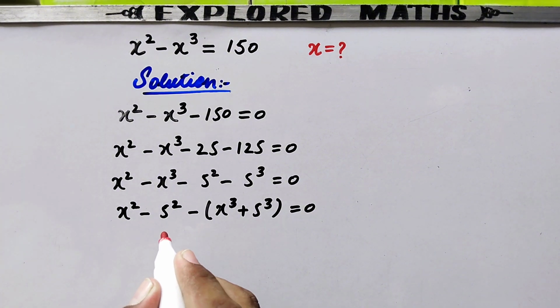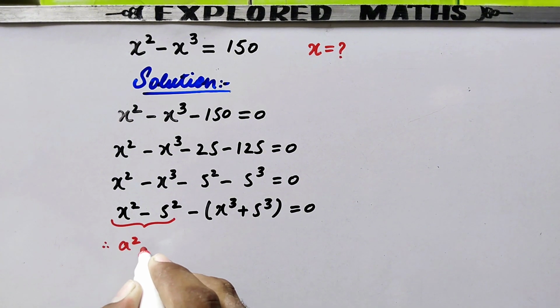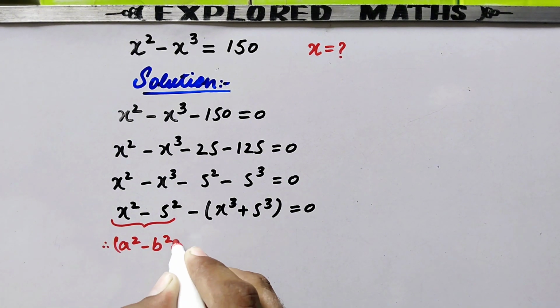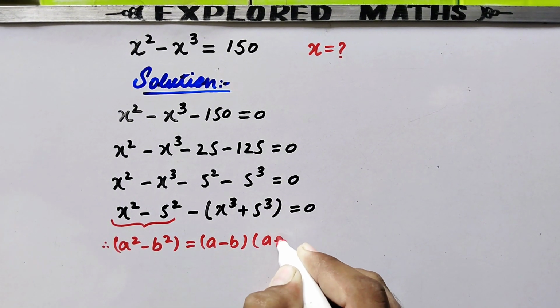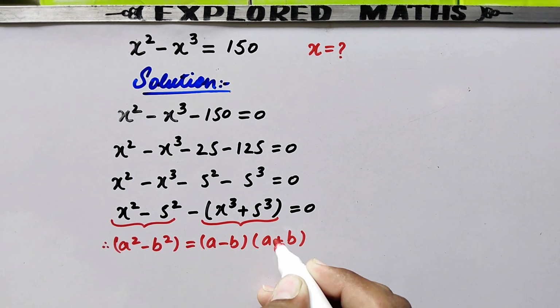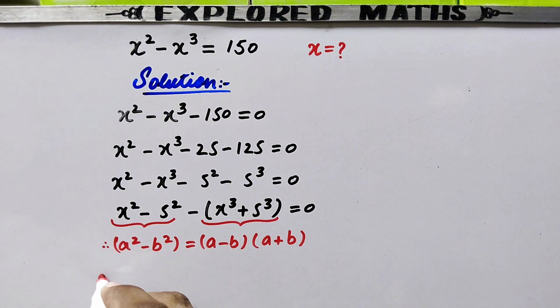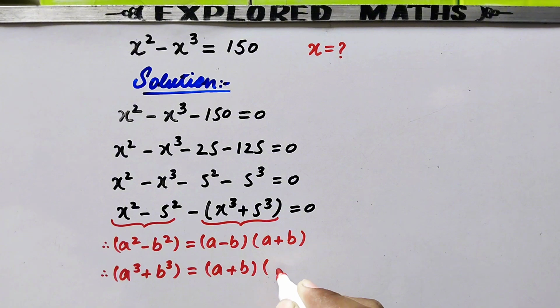On this part, a square minus b square is equal to a minus b times a plus b, and on this part of the equation we can apply the algebraic formula a cube plus b cube is equal to a plus b times a square minus ab plus b square.